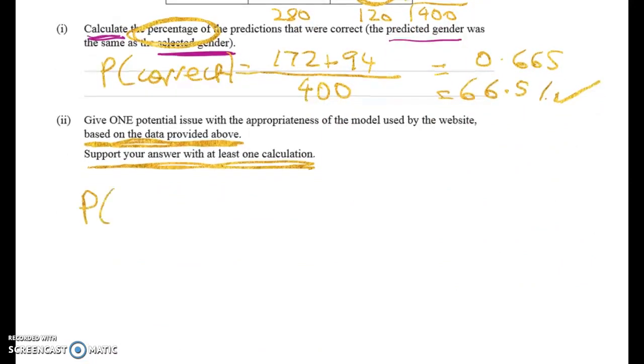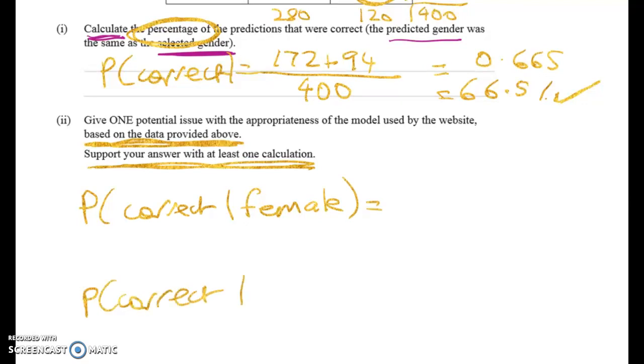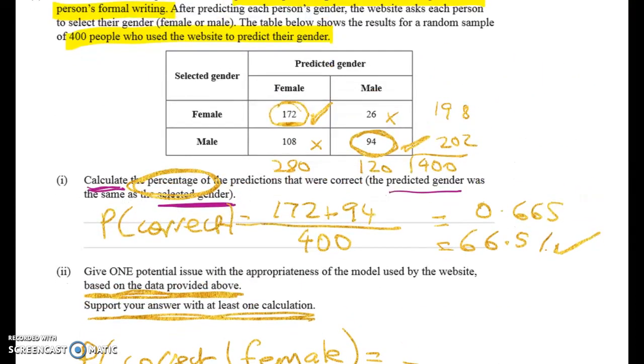So let's figure out what is the probability that if someone doing the survey was female, that the model got it right. We'll work out that one. And then we can do the same thing for male students who completed the survey. Did it get it right for them? So probability that it got it right, given that a student was female. Well, this is the total of the people who it predicted were female.